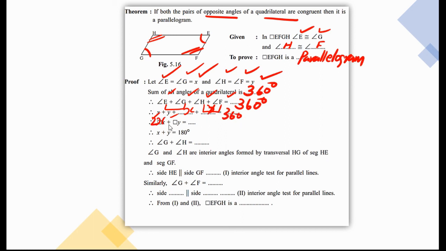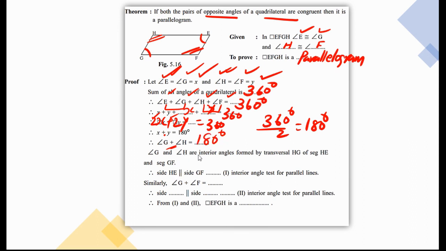So 2X plus 2Y is equal to 360 degree. That means X plus Y is equal to 360 degree divided by 2, 180 degree. That means G plus H or E plus G, when we think about those angles X and Y, one from this group, one from this group, G and H will be equal to 180 degree.